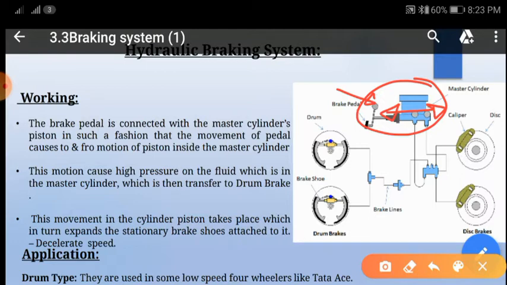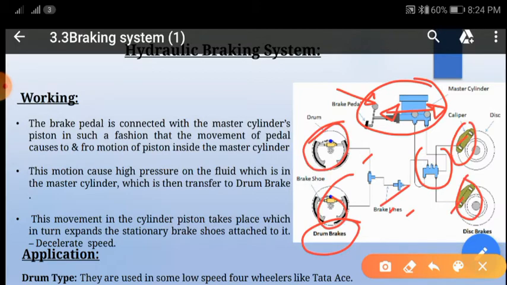Then this high pressure is transferred to the brake reservoir here, and this brake reservoir allows this high pressure liquid to flow into the brake drum through these brake lines. This brake drum assembly consists of an internal expanding arrangement or piston arrangement.